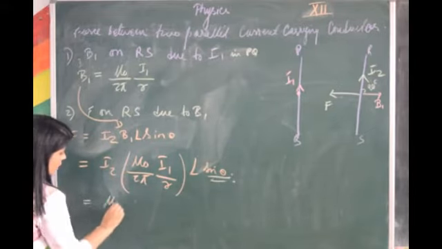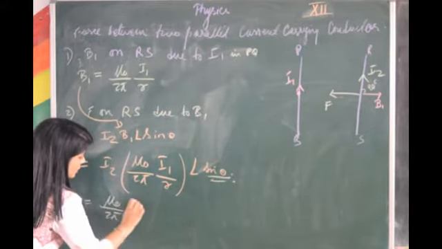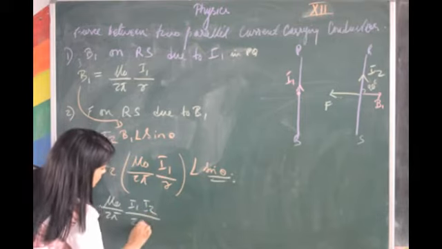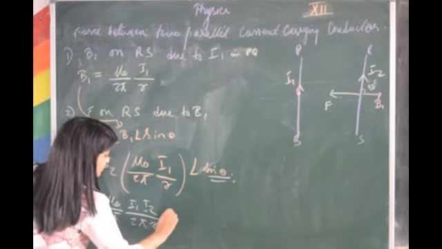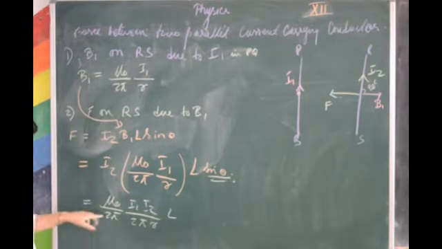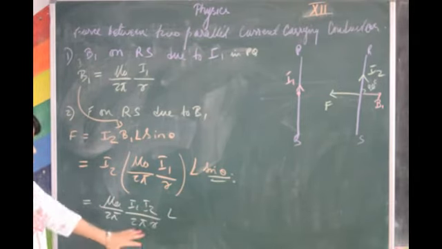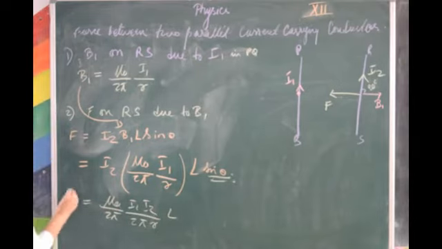So we can rewrite this: mu naught by 2 pi, I1 I2 divided by R, into L. F is equal to this.